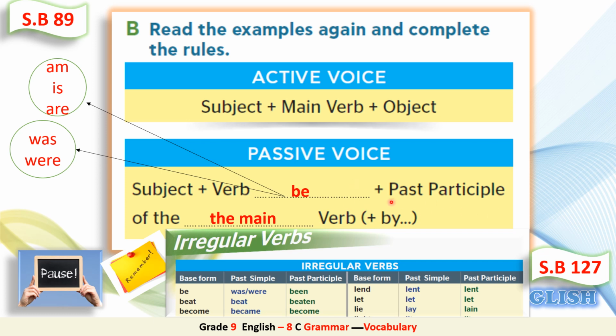In the passive voice, we use the past participle, and this is the past participle of these verbs. For example, beat, beaten, become, become, lend, lent, let, let, and so on. So please don't forget to always read the irregular verbs in Students Book, page 127.